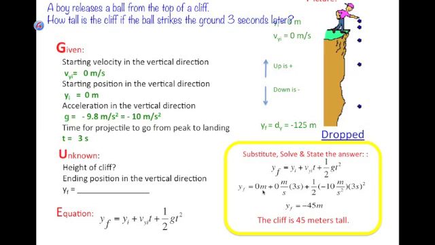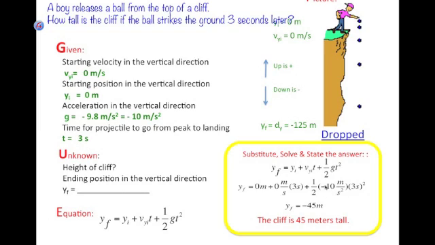yi was 0, vyi was 0, so these two go to 0. So I just take 1/2 times negative 10 meters per second squared times 3 seconds squared. 3 seconds squared is 9. Negative 10 times 1/2 is negative 5.